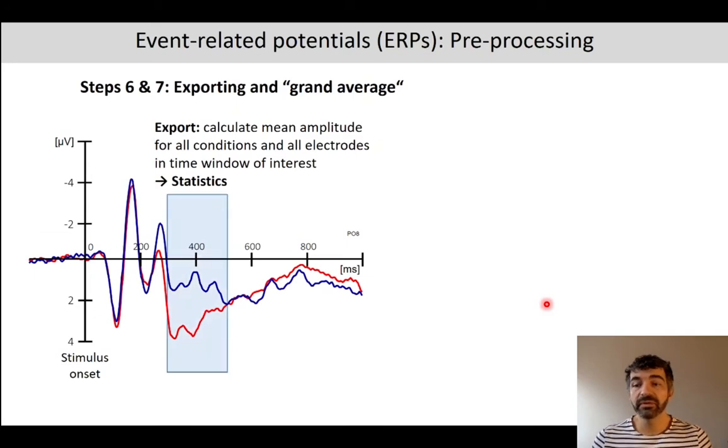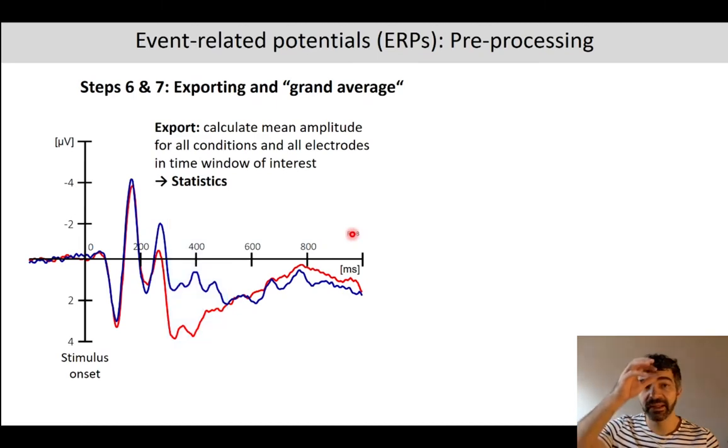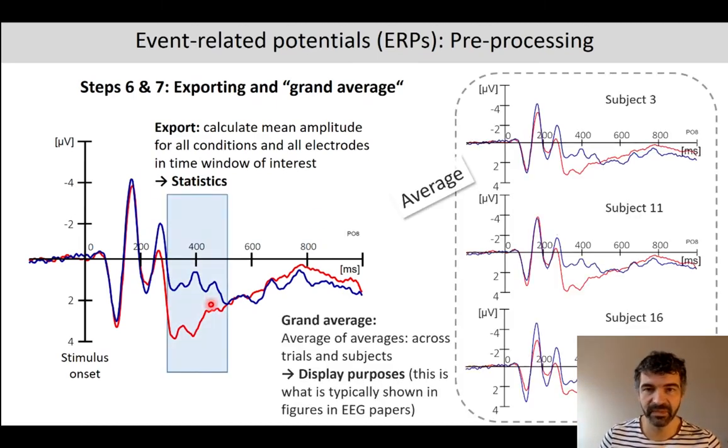So in order to do these statistics and actually evaluate whether there is a meaningful difference between conditions, we need to export the data. So we need to calculate the mean amplitude for all conditions and all electrodes in a certain time window of interest and then run statistics. So for example, for subject 3, 11 and 16, just to show a few examples, you can see a similar pattern.